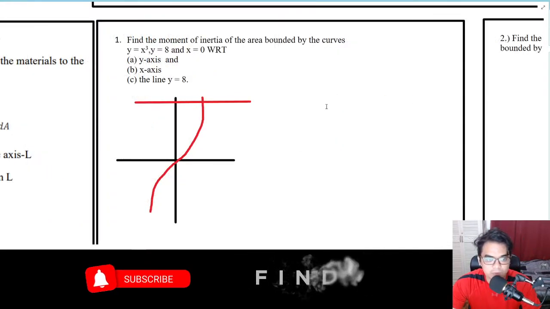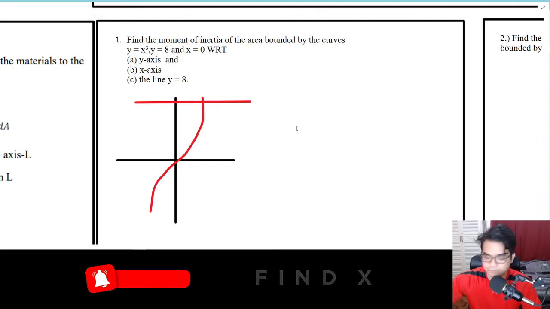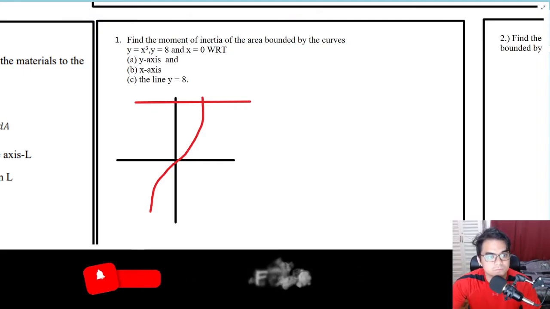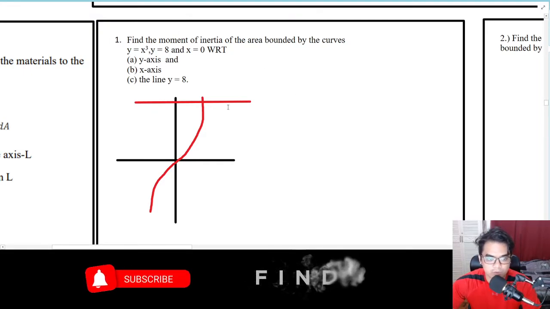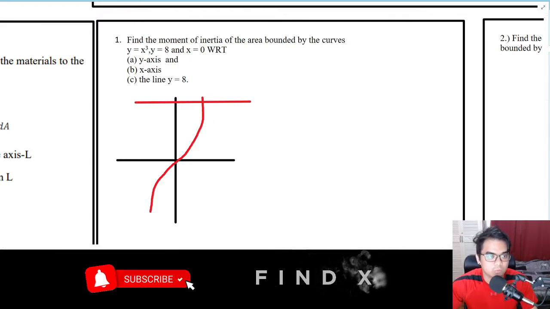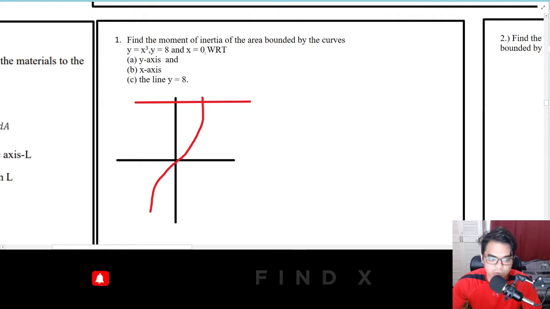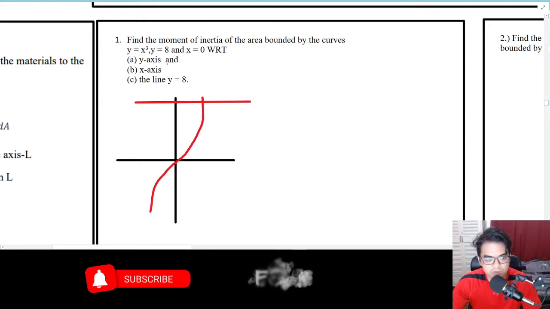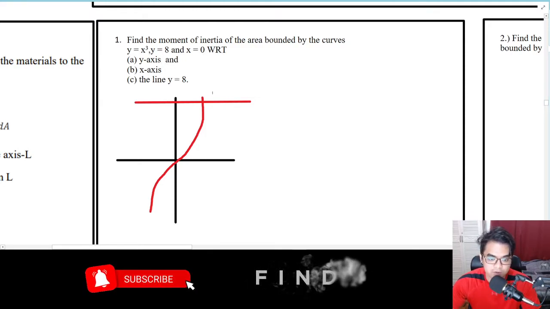For the first example, find the moment of inertia of the area bounded by the curves y equal to x cubed, y equal to 8, and x equal to 0, with respect to, first, the y-axis. This is already the graph.